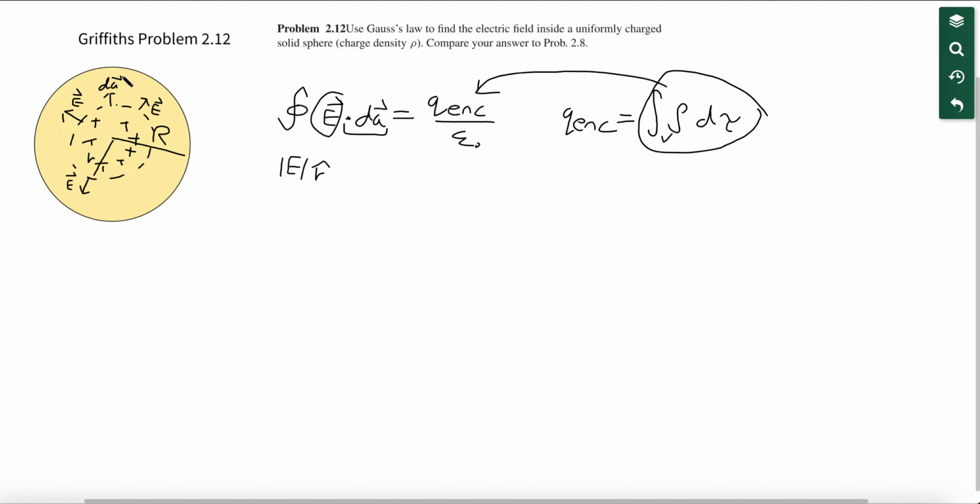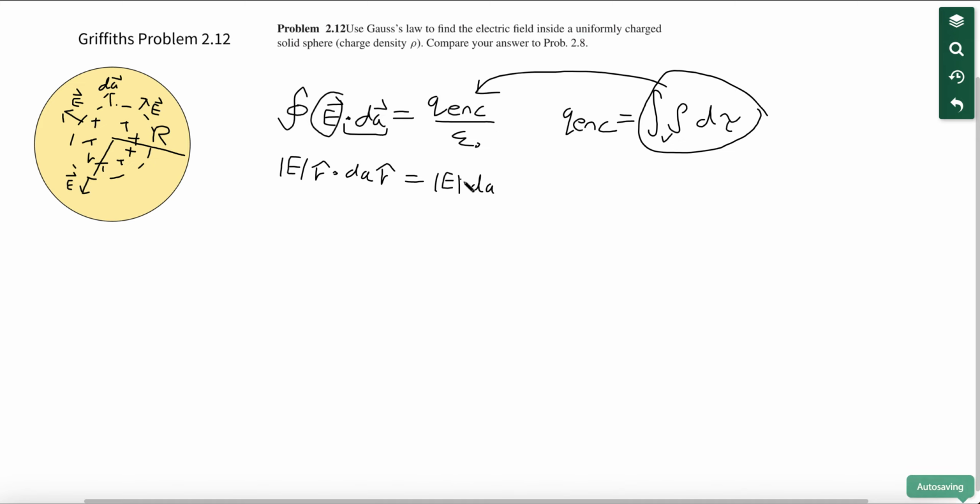And so this breaks down our area element into just dA times r hat. We know that the dot product between r hat and r hat is just 1. So we're just left with the electric field magnitude times dA.